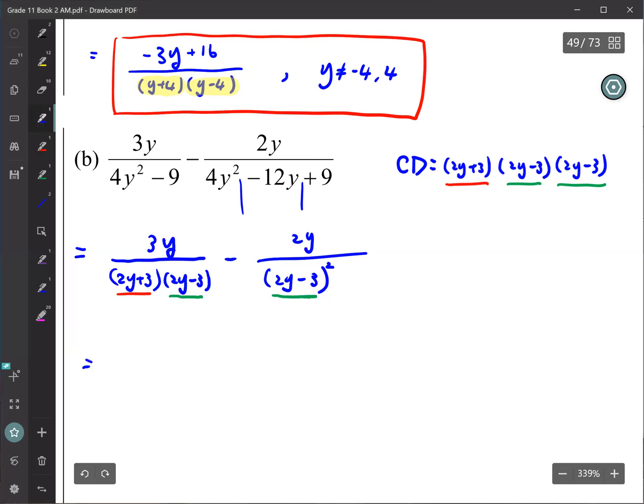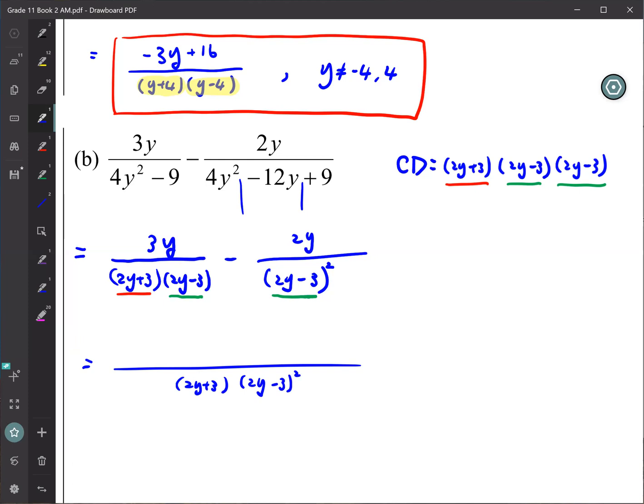So now you've got a common denominator. We'll put that in: 2y plus 3, 2y minus 3 squared. So the first numerator, what do we need to multiply by? Nathan, what do we need to multiply with?